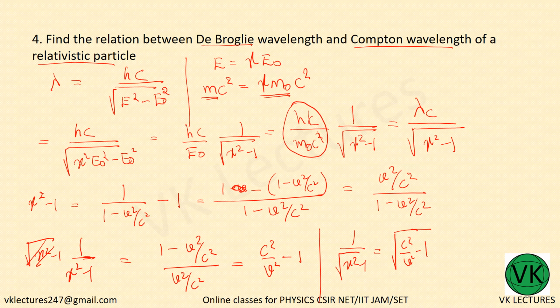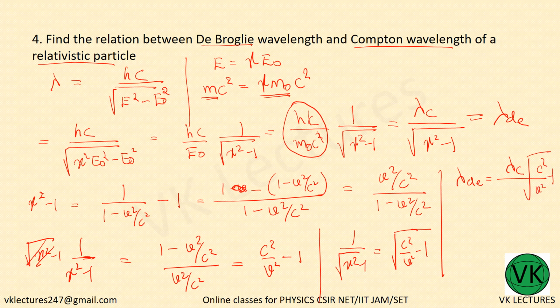Now we have lambda dB. Lambda dB is equal to lambda c divided by under root gamma square minus 1, and instead of that we can write under root c square divided by v square minus 1.